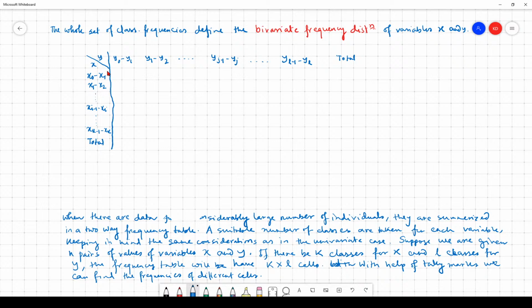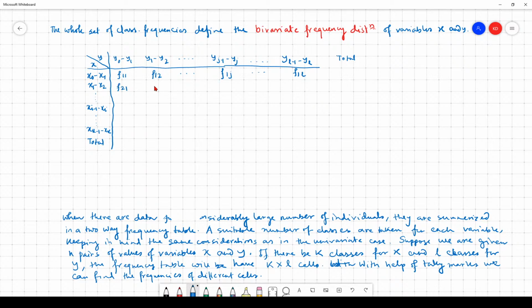For the first cell, suppose the number of cases occurring in x0 to x1 and y0 to y1 is denoted by f11. This is the frequency of the first cell. Similarly, f12 is the frequency of the second cell, f1j of the 1jth cell, and f1L of the 1Lth cell.